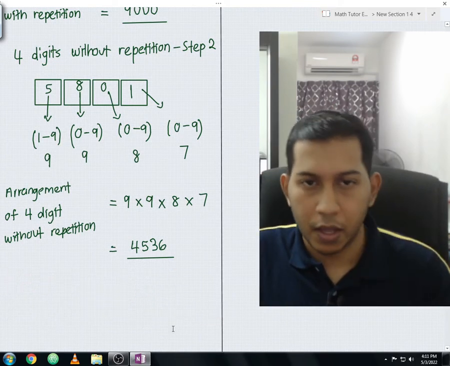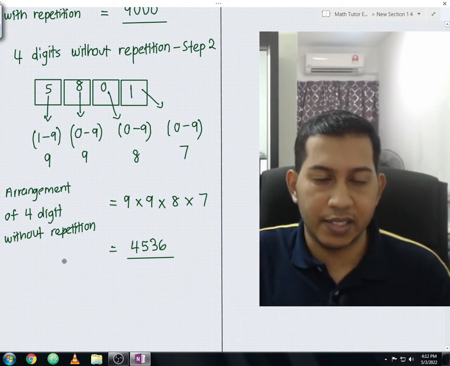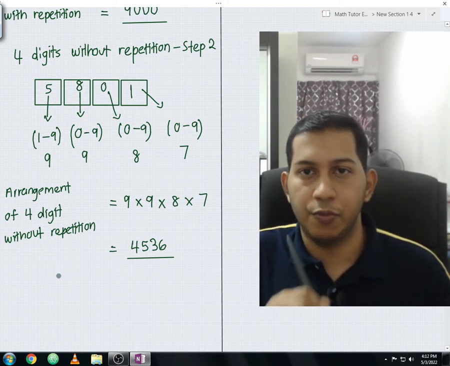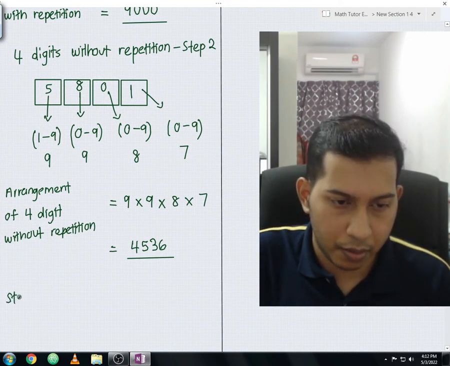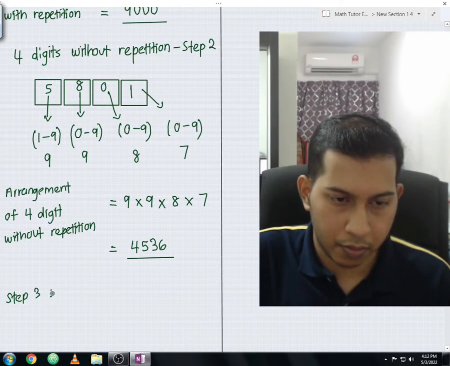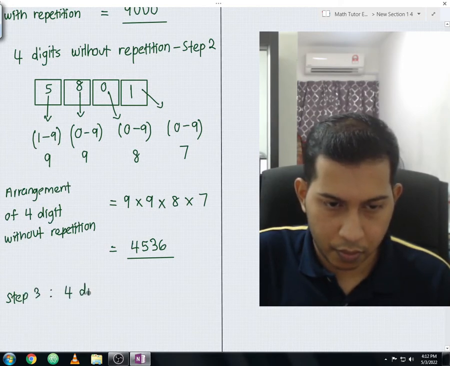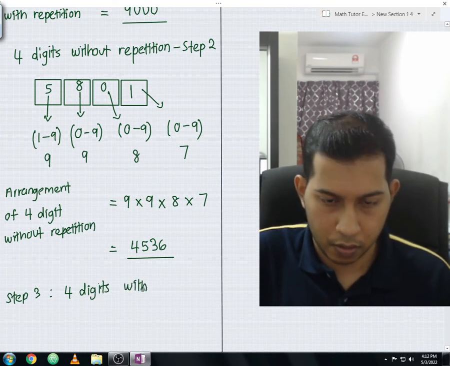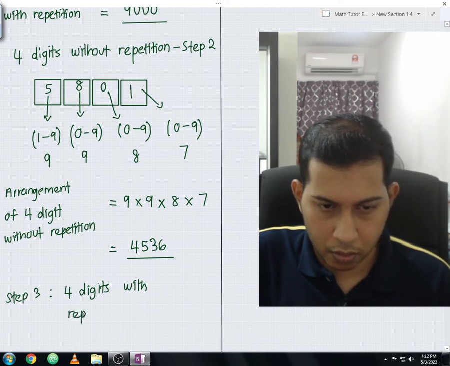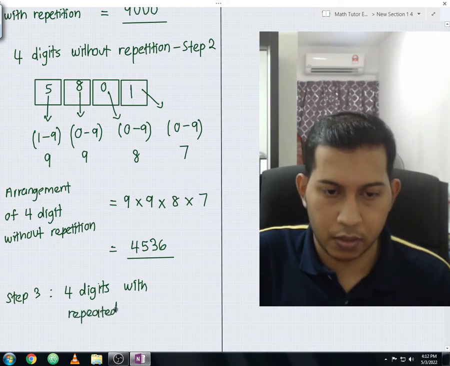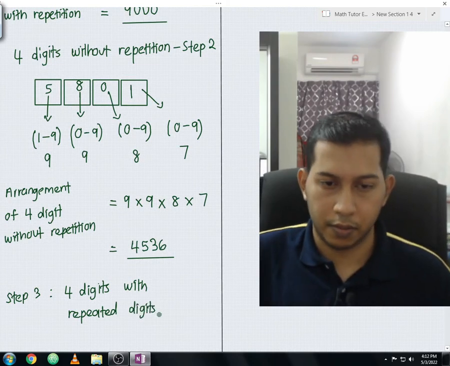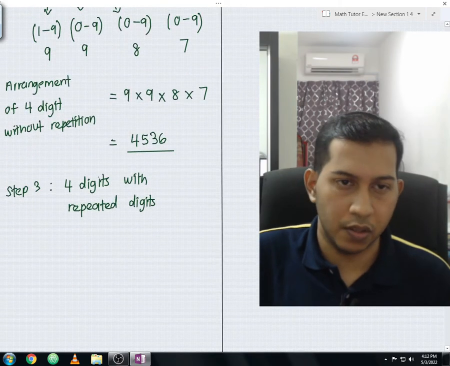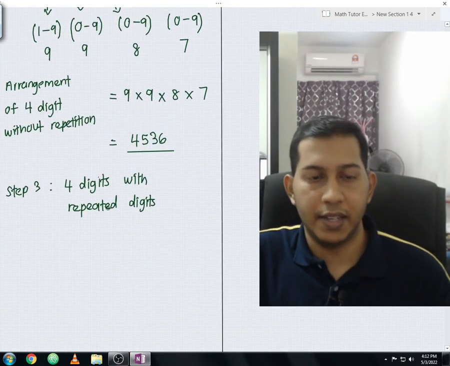Once you're done with step 1 and step 2, our final step will be finding the 4 digits with repeated digits. So from here, let me write here step 3, with repeated digits. The working to find this is very simple.